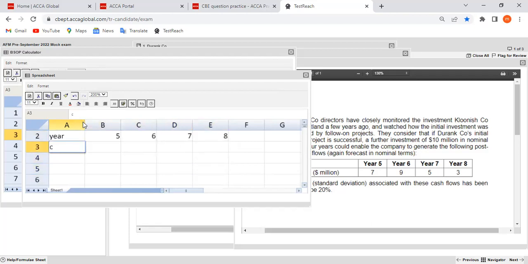We are having the cash flows. The cash flows are 7, 9, 7953, 5, 3. Tell me, Rukayat, what would be the present value? Apply the NPV function formula.